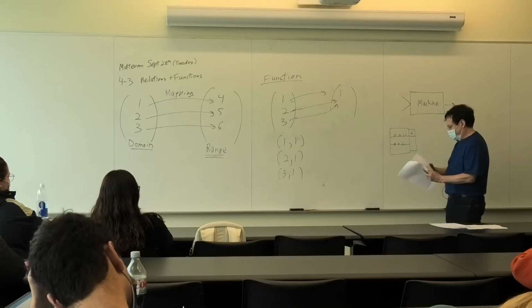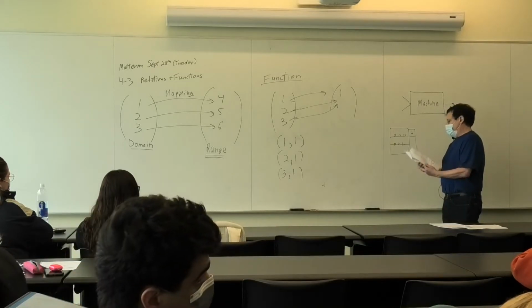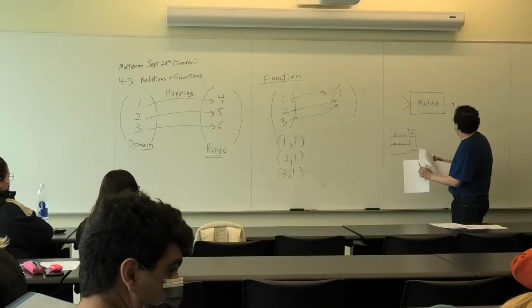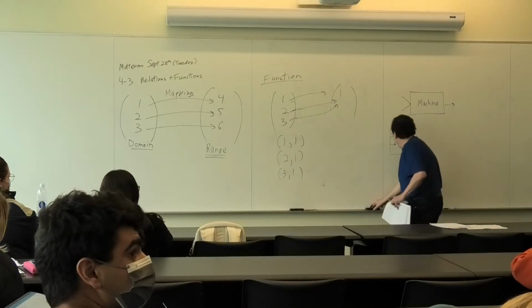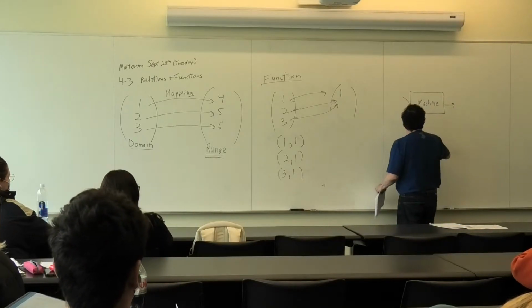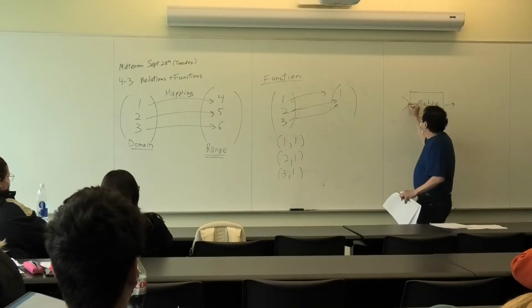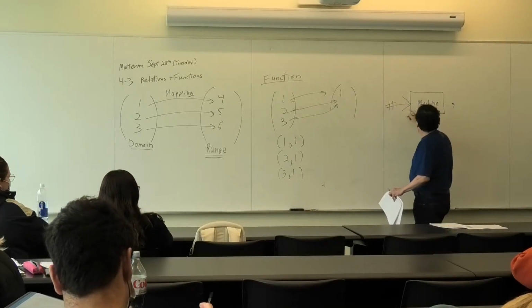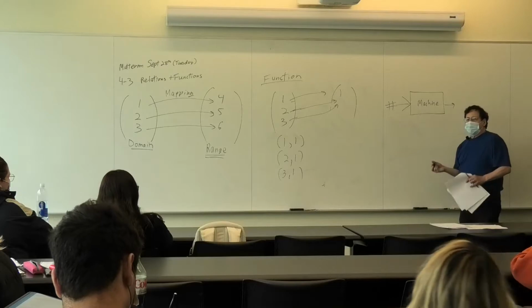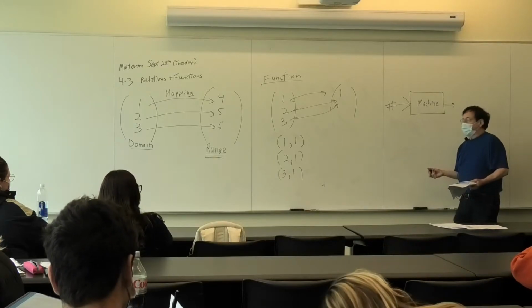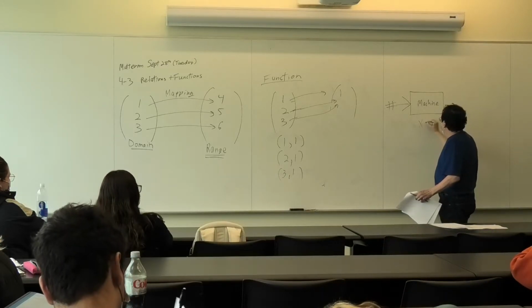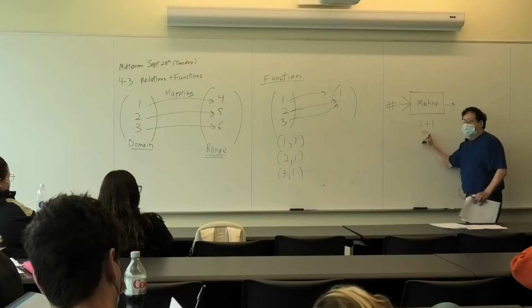Well, now to connect this a little better with math, the input could be a number, and what this machine could be is a formula. Like, we could say x plus 1, where x is our input.